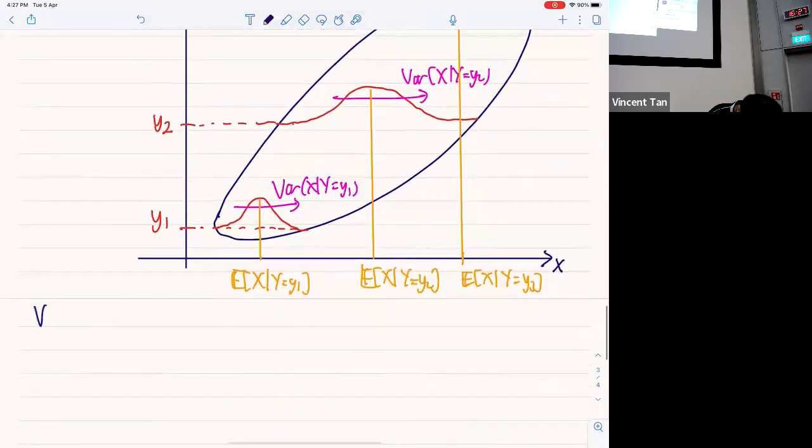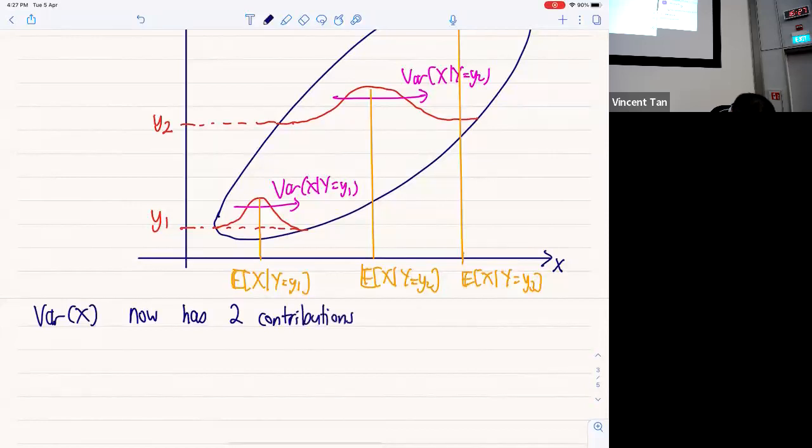So now the punchline is the variance of X now has two contributions, okay? Number one, which is what we saw last time, the variance of X given Y equals y for different y.